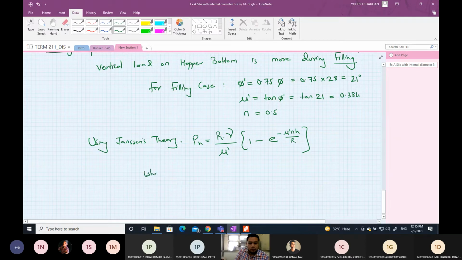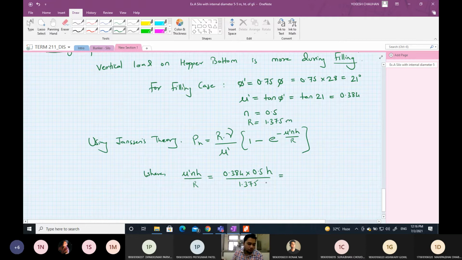Where mu dash n h by R is equal to 0.384 into 0.5 into, we again keep this in terms of h only, h divided by R. R is already calculated earlier, 1.375 meter.